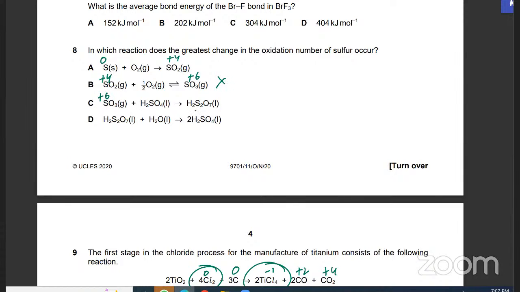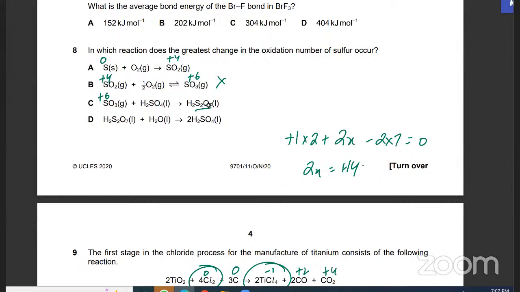Can anyone tell me what's H2S2O7? What is sulfur? It's +1 times 2, and -2 times 7, that's -14. I think 6.